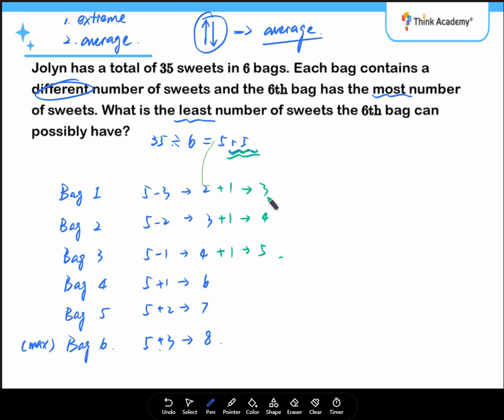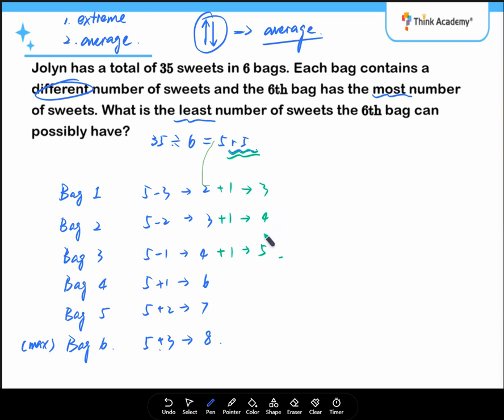Can we still give the candies to the smaller numbers? At this time you can figure out we can't give those extra candies to the smaller numbers, because if we give, for example, one candy to bag 1, then it will be 4, and those 2 bags contain the same number of candies, right?